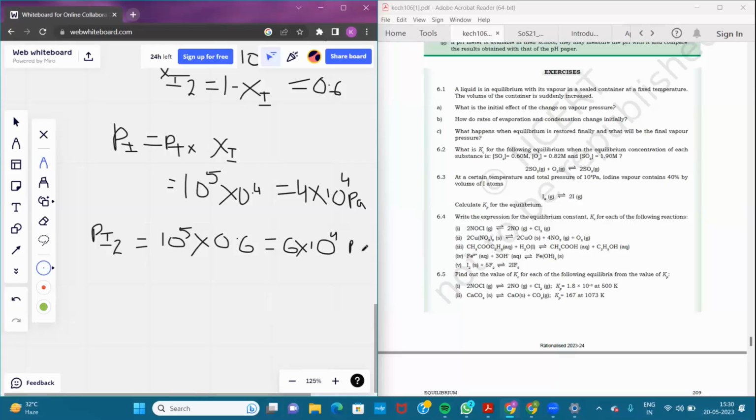We'll use the Kp relation for this equation. This partial pressure of I, stoichiometric coefficient is 2, so we'll raise the power 2 here, divided by partial pressure of I2.